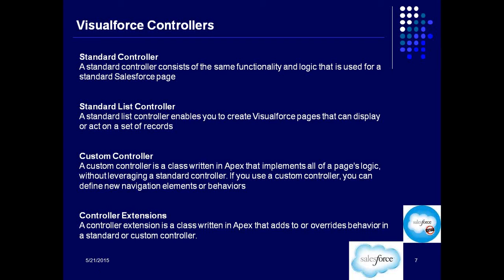So a hybrid kind of thing. If I want to use the standard as well as custom, then I can use a controller extension. It helps you extend the functionalities of a controller. Correct? So that's about our controller.